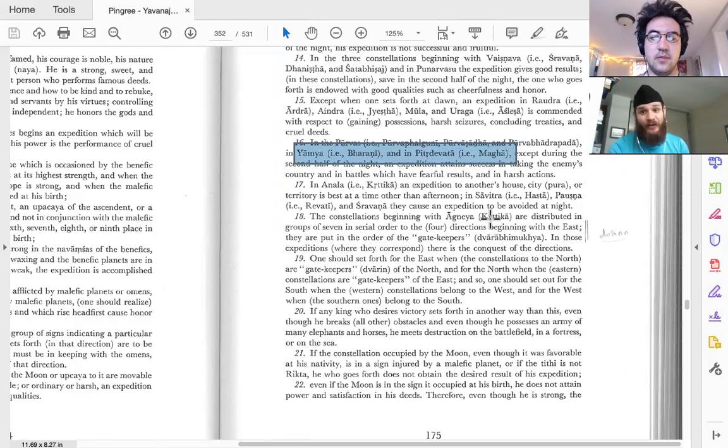For the first time we have nakshatras, and I think we have all 27. Abhijit is not mentioned.